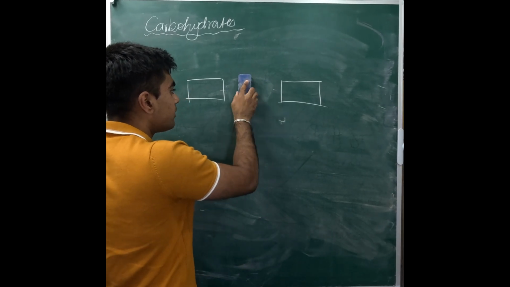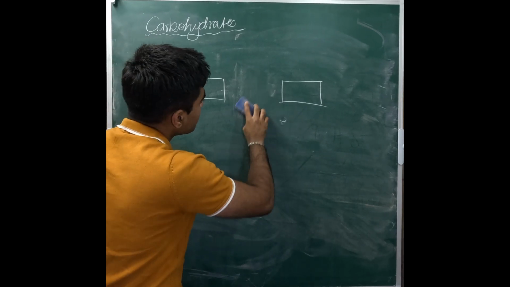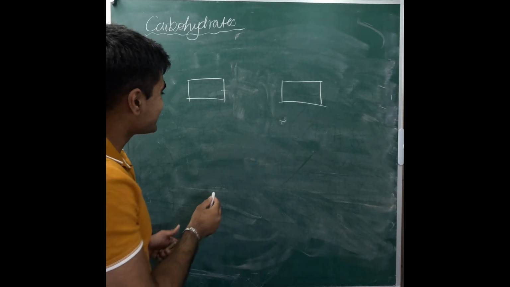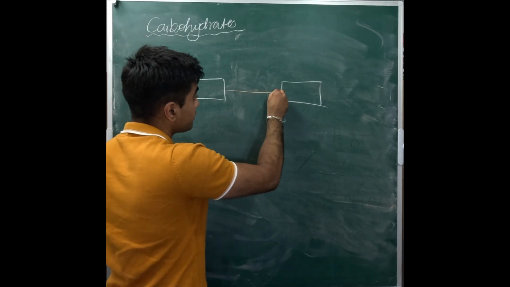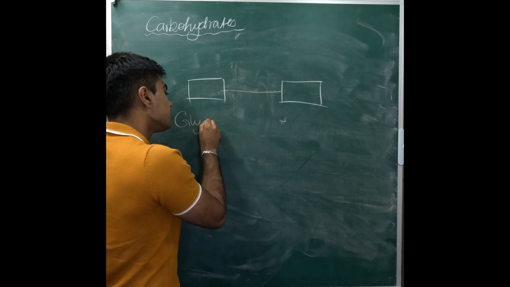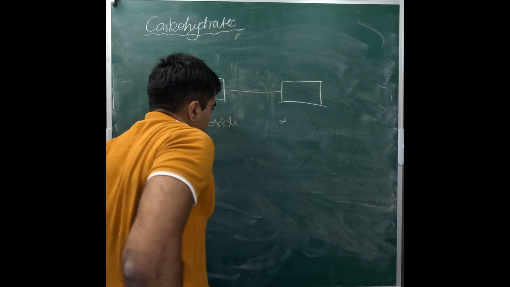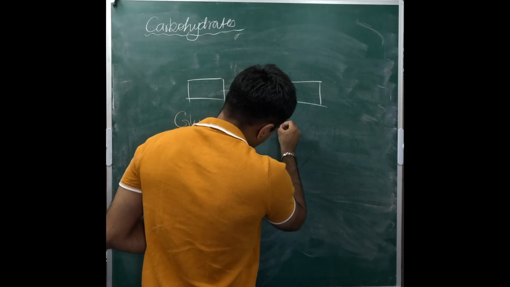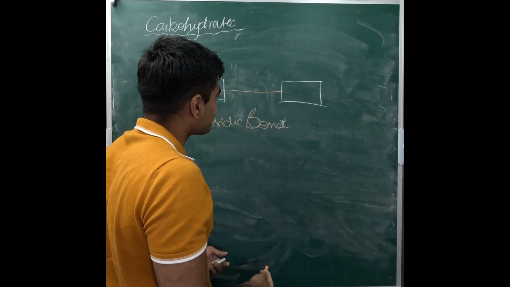Well, this bond here is known as a glycosidic bond. So let's draw this with a glycosidic bond. Glycosidic. This bond between two monosaccharides is known as a glycosidic bond.